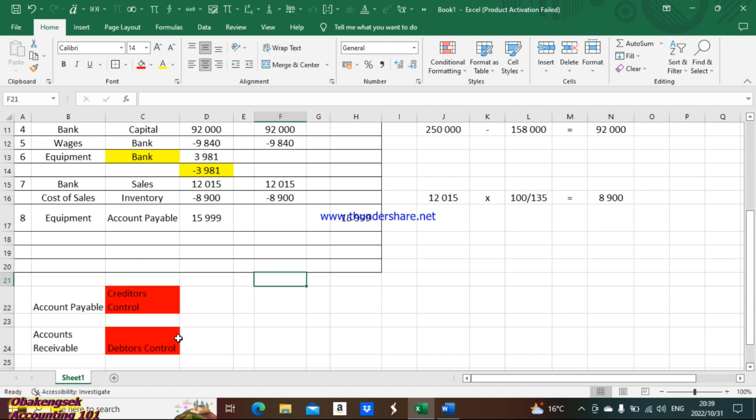Okay. So how do I know if a transaction requires the creditors control or debtors control, otherwise known as accounts payable or accounts receivable?